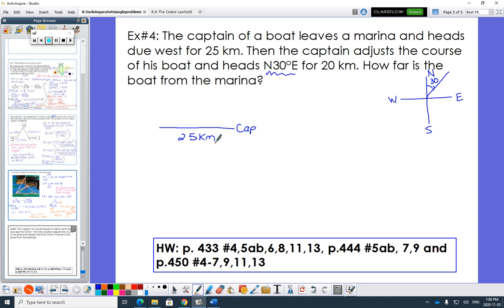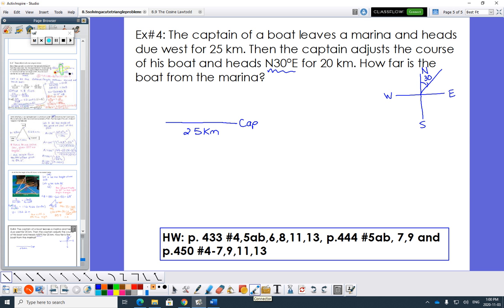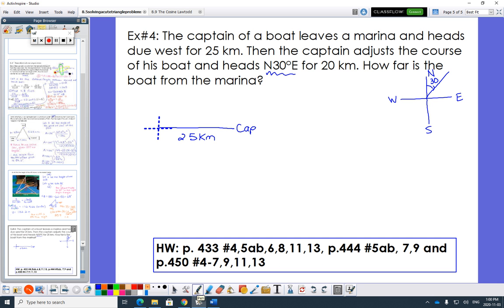So this is where it gets weird, okay? What you have to think of is the captain started here and now he's here, okay? So in this spot, you kind of need to think of a compass rose because we want to make a triangle, yes? So if this is north, going north 30 degrees east, so east is this way, this angle in here is 30.